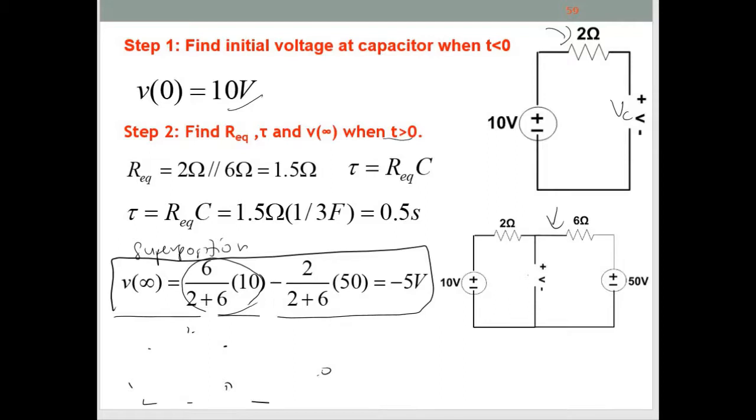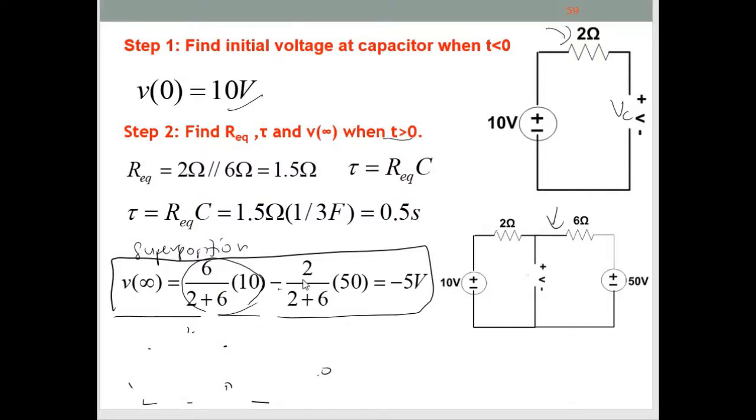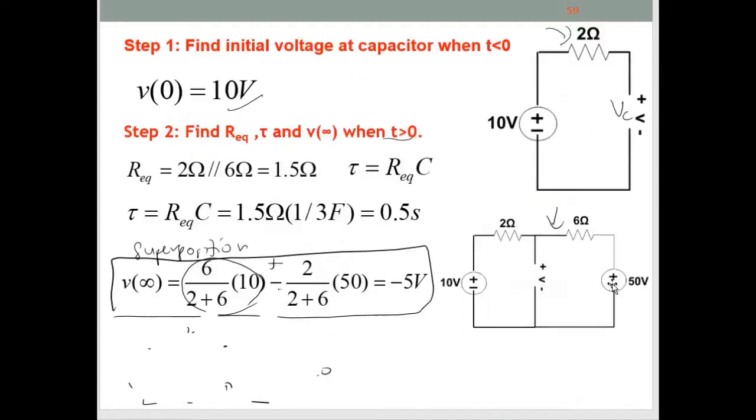In superposition, when we want to add another analysis, we use plus, right? But this uses minus. It is because the voltage here is already changed from the question earlier. The polarity looks like this, but here it is drawn like this. That's why it changed to negative here.